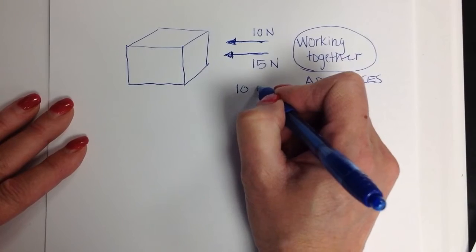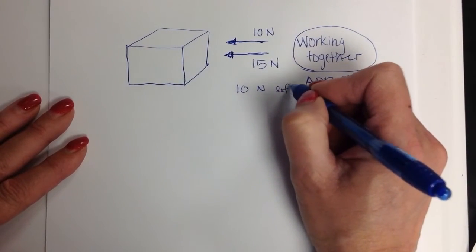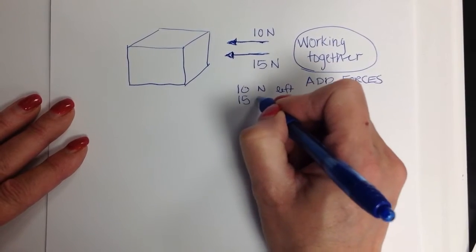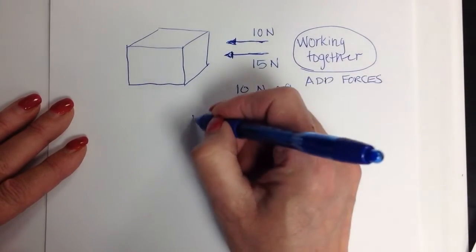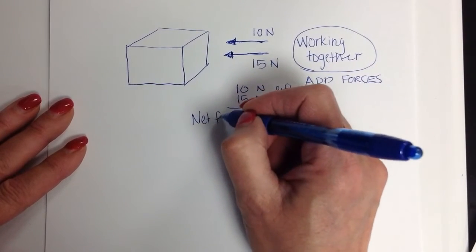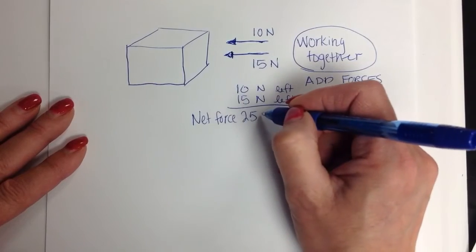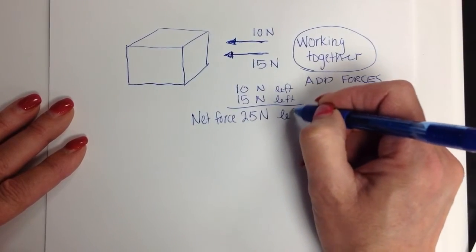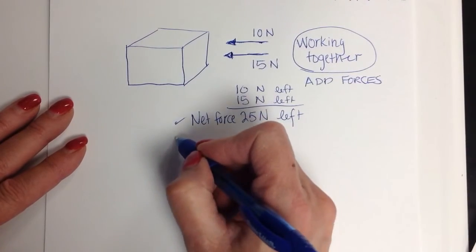So we've got 10 newtons, and we're both pushing to the left, and 15 newtons to the left. This gives us a net force of 25 newtons to the left. Is the box moving? Yes, the box is moving.